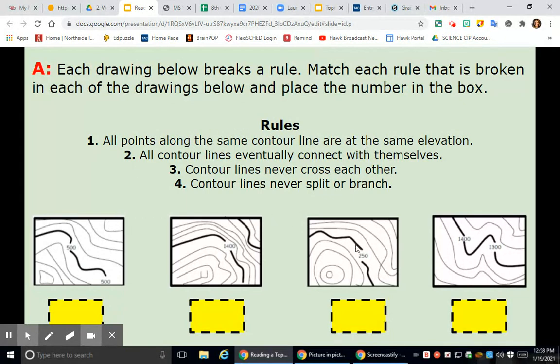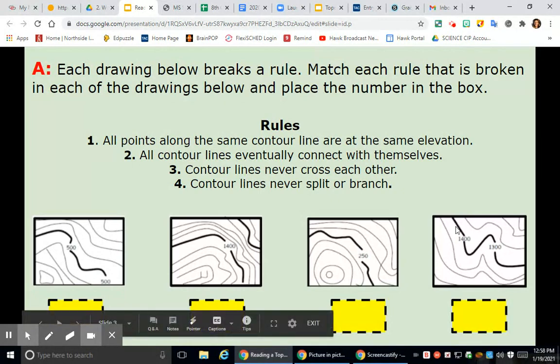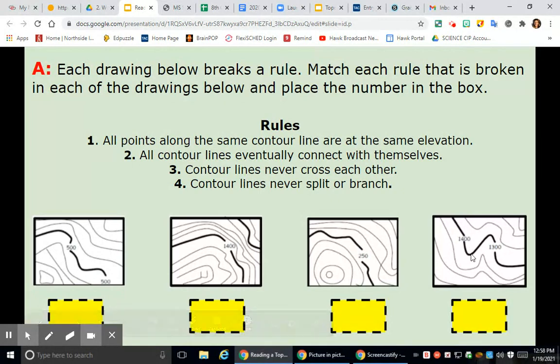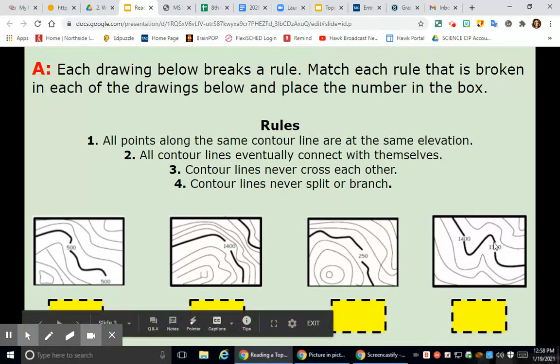So I want to find a picture that's breaking that rule. So if we look here, we have an elevation of 1,400, then it goes 1,300. We know that's incorrect because a contour line needs to show the same elevation. So it should be 1,400 all the way. Okay, so we could take number 1 and type 1 here in the box.